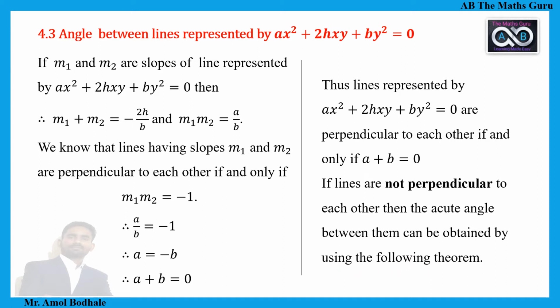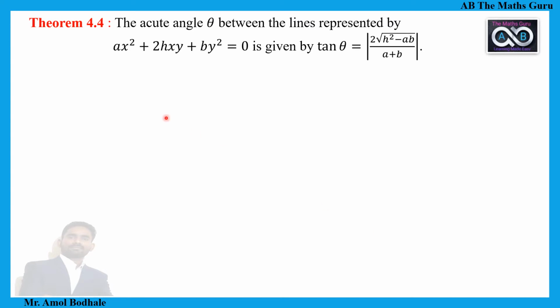Let's see the theorem. The acute angle theta between the lines represented by ax square plus 2hxy plus by square equal to 0 is given by tan theta equal to mod of 2 square root of h square minus ab upon a plus b. Let's see the proof.